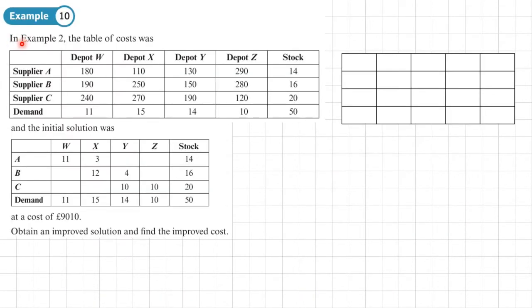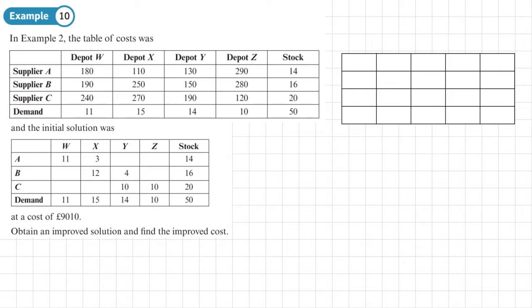Example 10. In example 2, the table of costs were here as shown in this table here, and the initial solution using the north west corner method was here in this table here, and that gave us a cost of £9,010. And what we want to do is obtain an improved solution and find the improved cost.